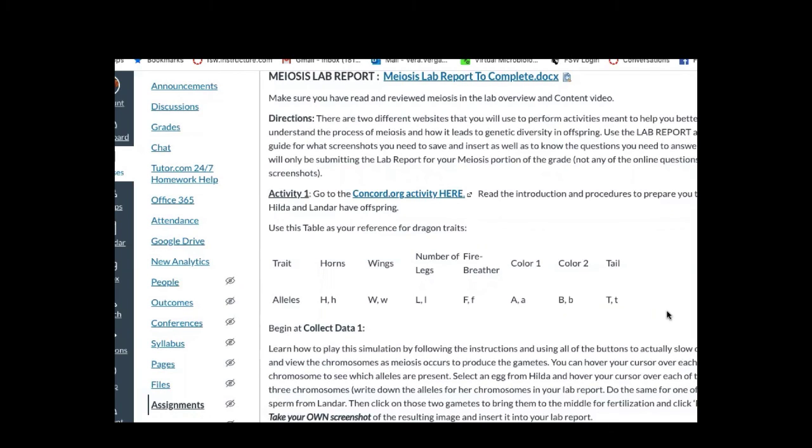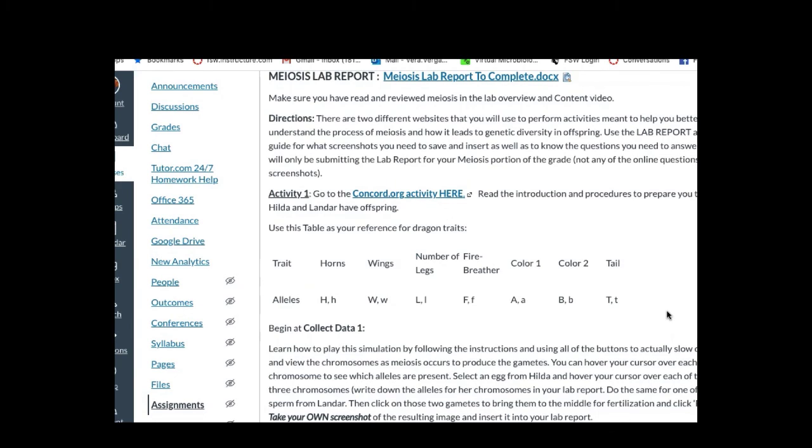So if you look back at the actual chromosomes, in order to have horns, the egg or the sperm must be contributing a big H. Same thing for wings. Legs are represented with L's. Whether you can breathe fire is an F. And then different color combinations are going to be combinations of A's and B's, and then whether you have a tail or not.